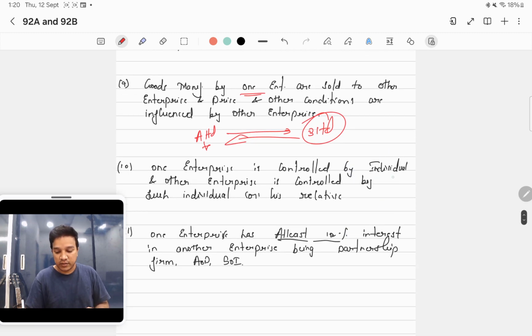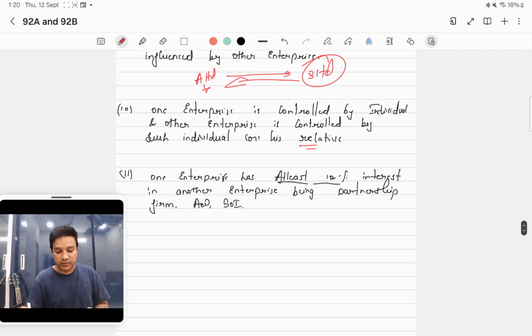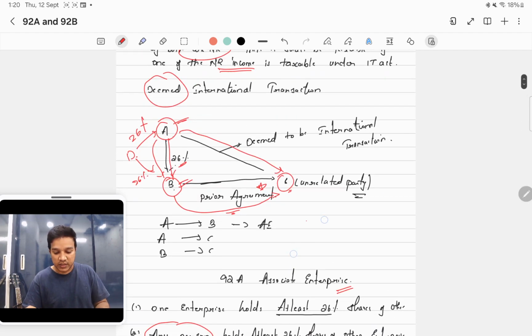One enterprise is controlled by an individual and the other enterprise is controlled by his relative. Either that person is himself controlling the other enterprise or his relative is controlling it. Both of them will become associate enterprises. Also, having at least 10% interest in the other enterprise, being a partnership firm or AOP, then both of them will become associate enterprises. I hope all these points are clear.